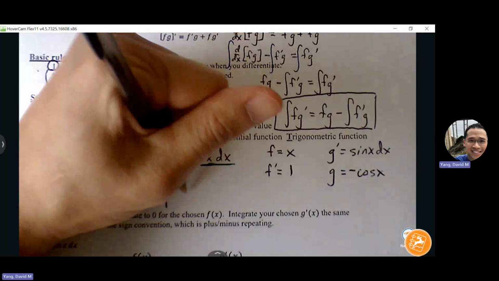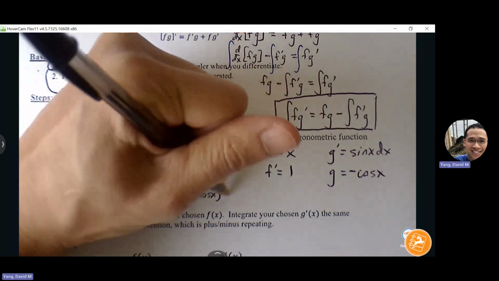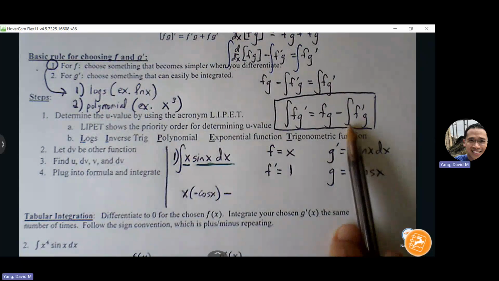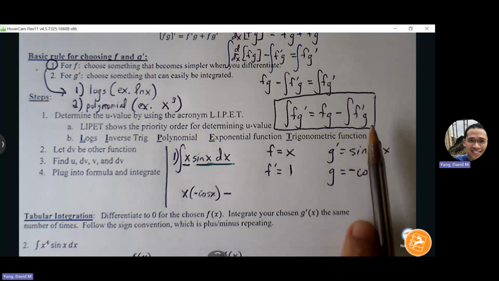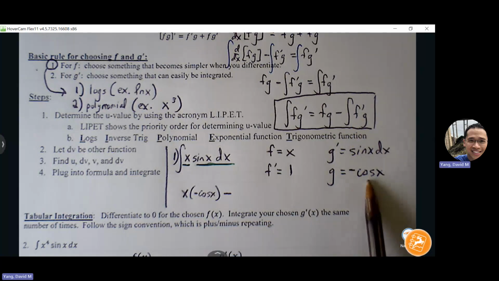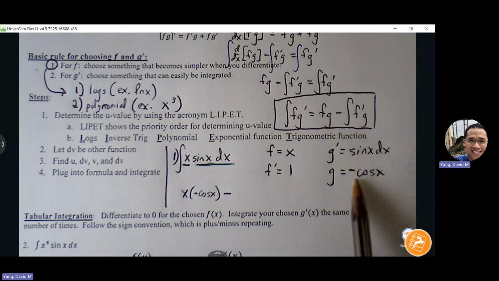So x times negative cosine of x minus the integral of f prime times g. What's f prime? 1. And g is negative cosine. So notice that we're not going to involve g prime. We use g prime as a starting point, but really it's the g that we're after.